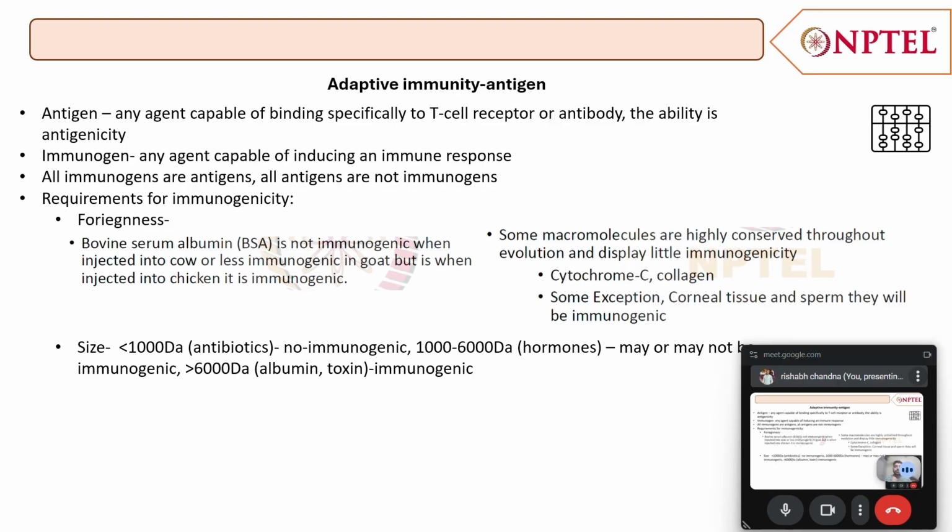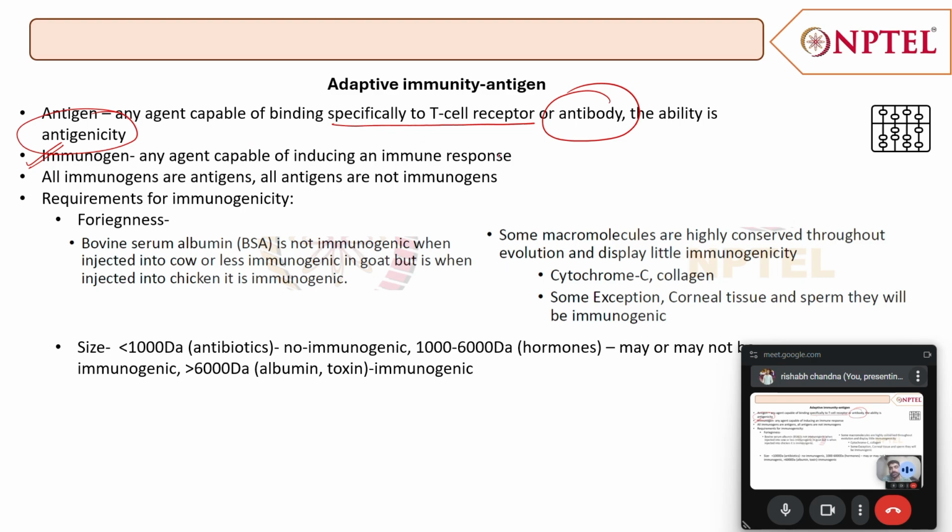Okay, so an antigen is any agent that has the capability of binding specifically to the T cell receptor or any antibody, and the ability of binding to either of them is called antigenicity. There is another term, immunogen.